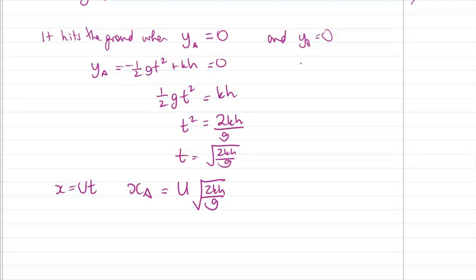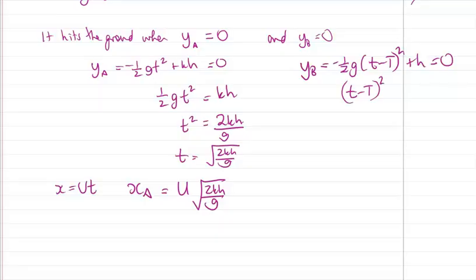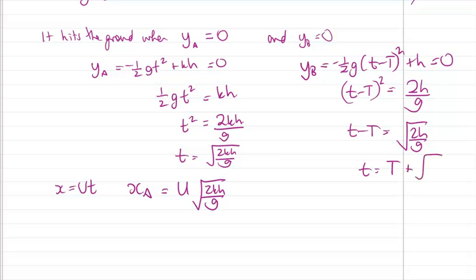So yb is minus a half g (t minus capital T) squared plus h. And if that equals 0, (t minus capital T) squared equals 2h on g. So t minus capital T is root 2h on g, and t equals capital T plus root 2h on g.